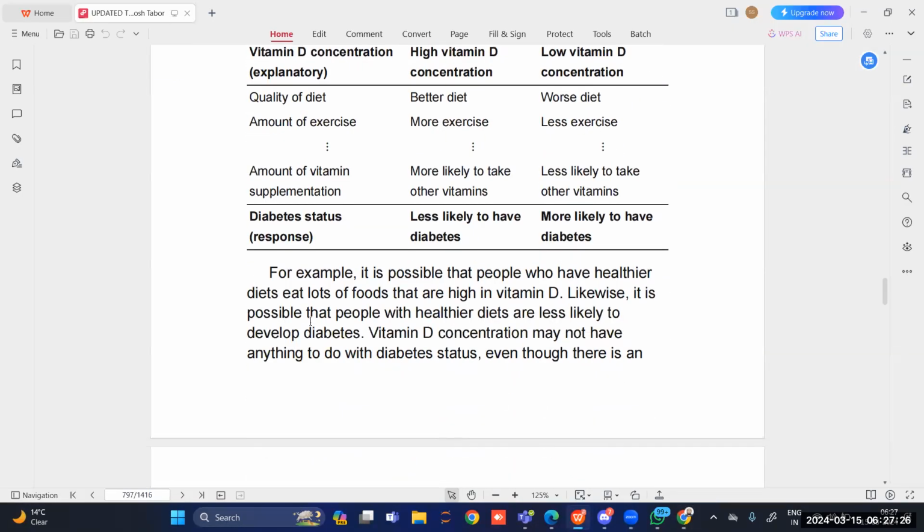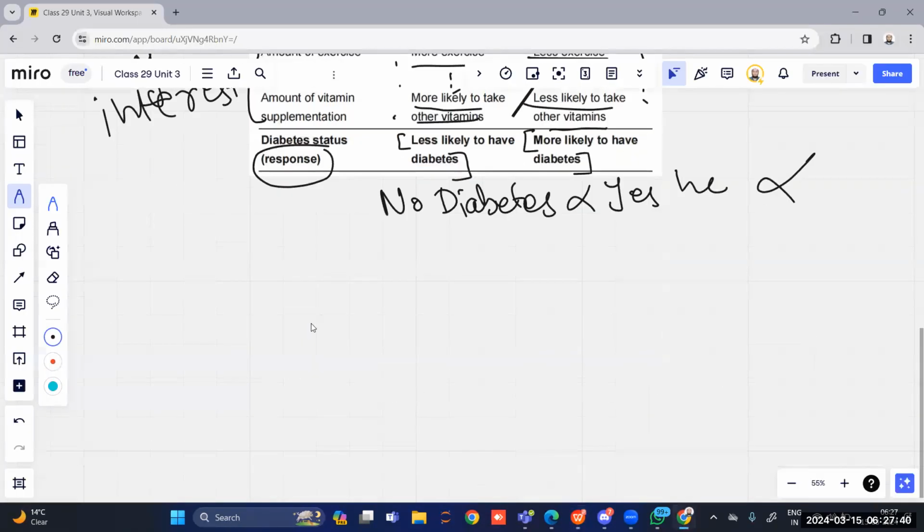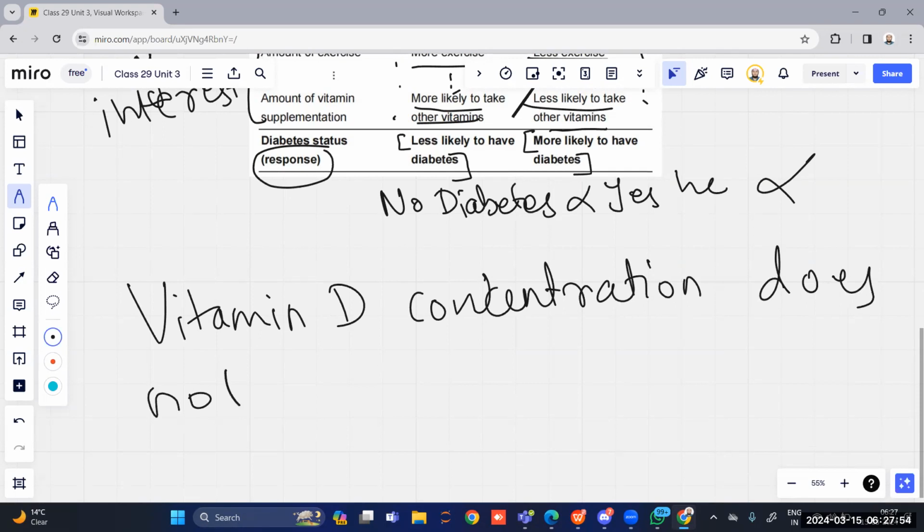For example, it is possible that people who have healthier diets eat lots of food that is high in vitamin D. Likewise, it is possible that people with healthier diets are less likely to develop diabetes. Vitamin D concentration may not have anything to do with diabetes status. So we can see that vitamin D concentration or consumption does not have, meaning there is no relationship.